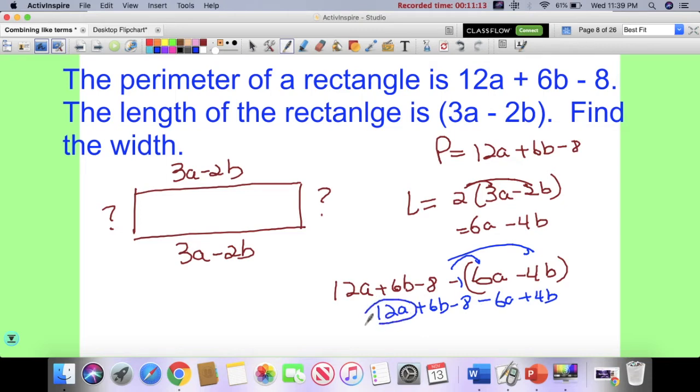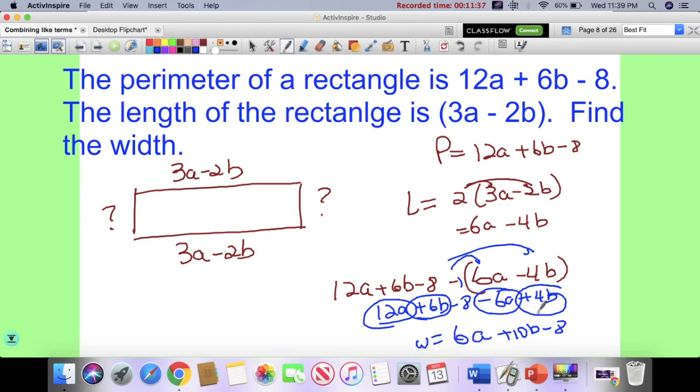Combine like terms, I combine this guy with this guy, and I get 6a plus 6b, and plus 4b is plus 10b minus 8. So the width, and I'm not done here, the width of the rectangle is this, right?